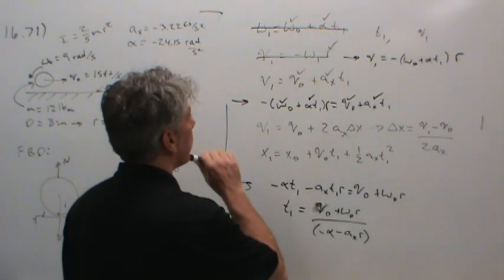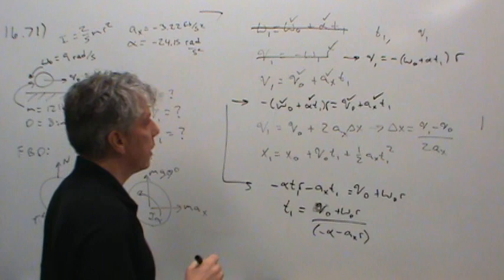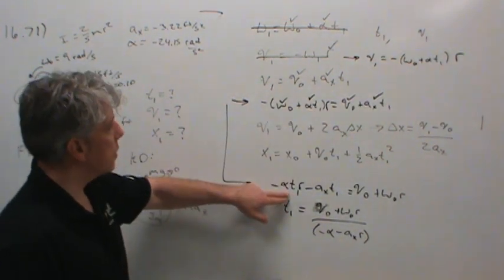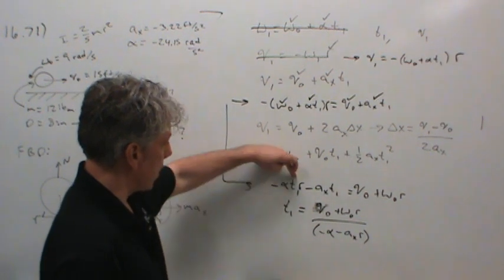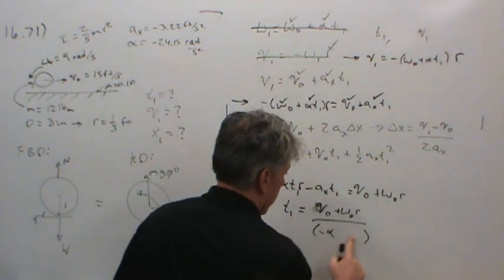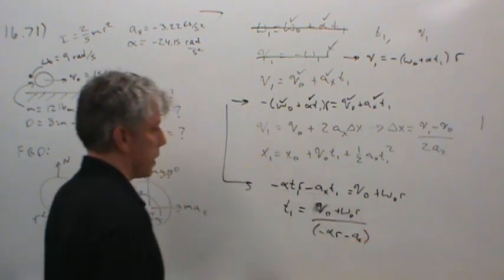What did I do? I put the R on the wrong thing. Anybody catch me? It belongs with alpha T and with omega. So I should have had R with that. So I should have negative alpha R minus AX. That's better.